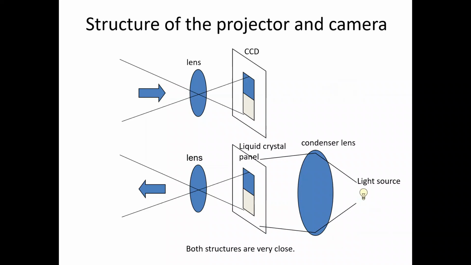On the opposite side, you prepare a light source, like in movies, and project the images transmitted from the camera, and through the lens you make a nice image on the screen.